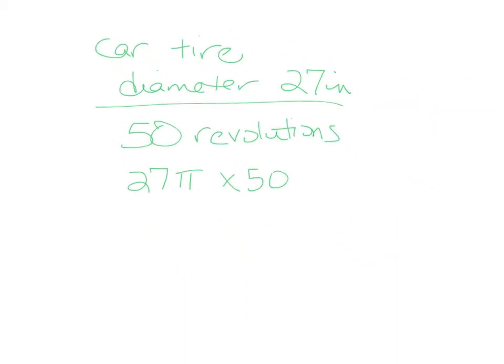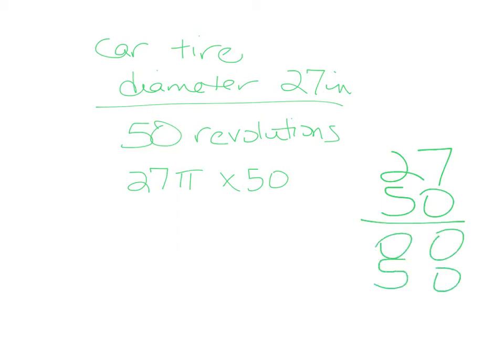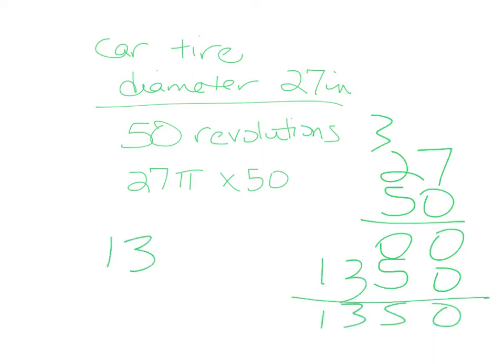So we're going to actually do 50 times 27, and then just put the pi symbol behind it. So 1,350 pi inches. That's how far that tire rolled when it turned 50 times. So that would be your word problem that you're going to encounter from lesson 1.